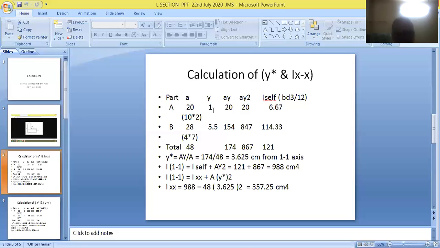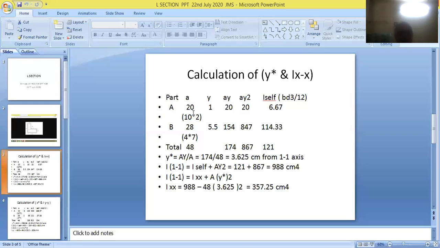Unless you write down the proper values of Y, you will not make correct calculations so far as AY and AY square are concerned. So for getting correct values of AY and AY square, we have to obtain correct values of Y for all the different components present in the section.